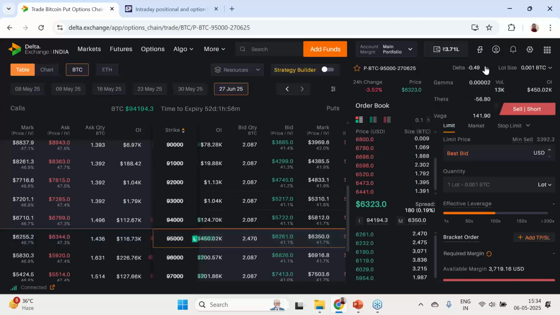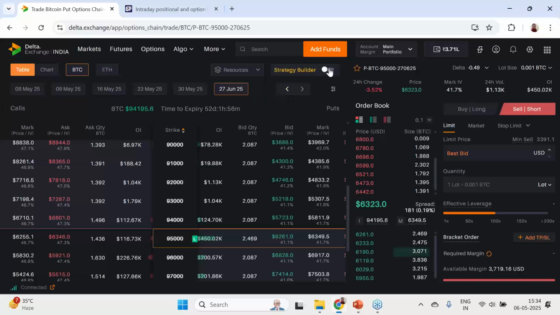The 95,000 put, with expiry 27th June, has a theta of 56.81. So 57 USD it should decay. This is what I am adding.